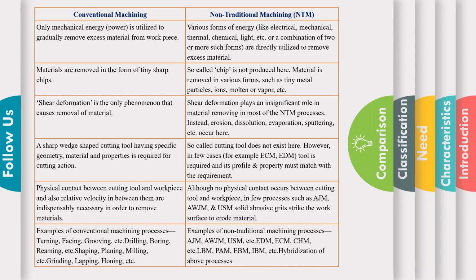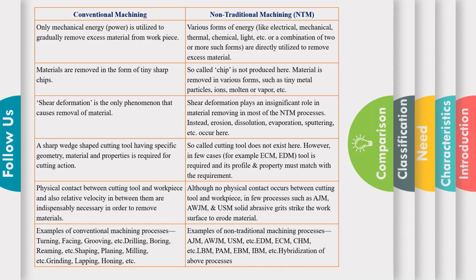Second point, for conventional machining, materials are removed in the form of chips. Here in NTM, no chip formation. Material is removed in various forms such as tiny metal particles, ions, molten material, or wafer, etc.